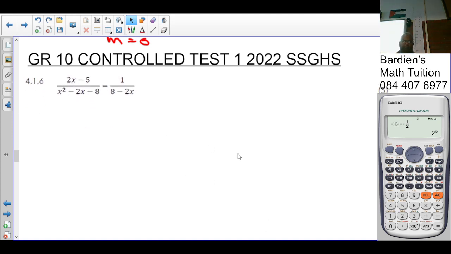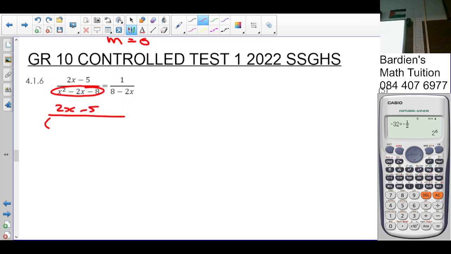Okay, so in question 4.1.6, what we have here is we need to factorize our denominator first. So we have 2x minus 5 into x and x, 4 and 2 minus plus.